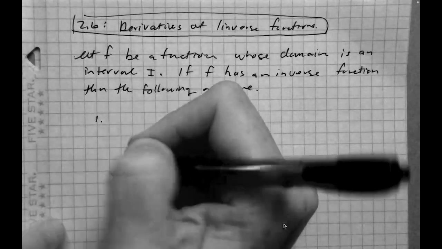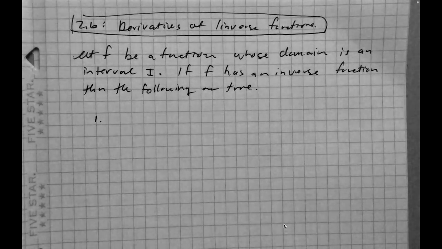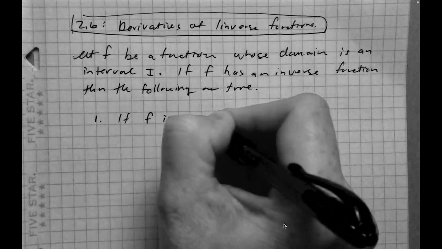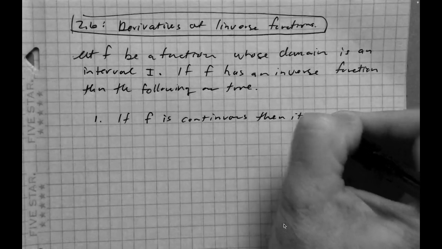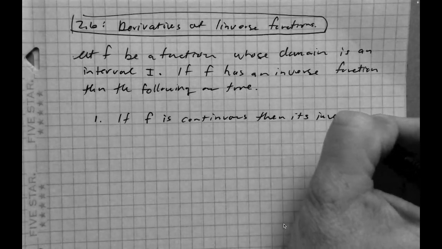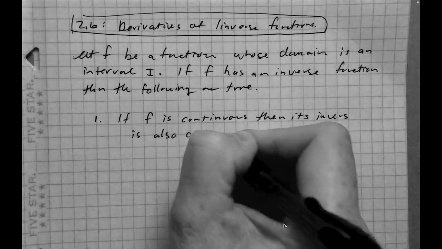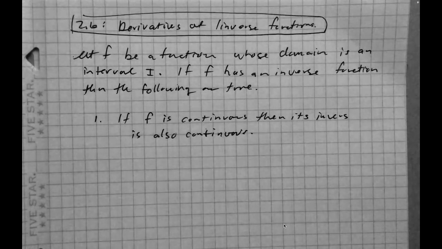So first thing that's true is that if f is continuous, then its inverse is continuous. Well, that's nice, right? And I guess that's probably to be expected. I mean, we're not going to prove that, but that's probably not a stretch. f being continuous implies that f inverse is continuous.